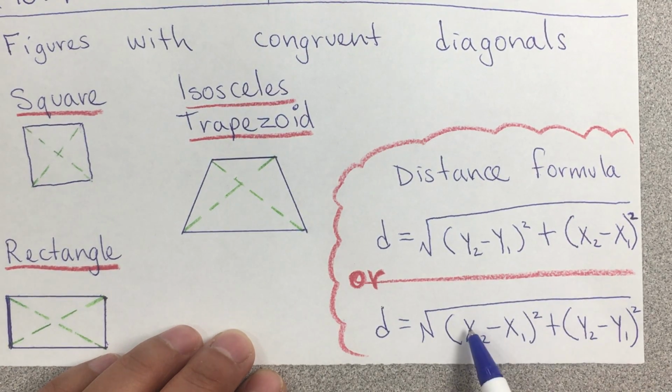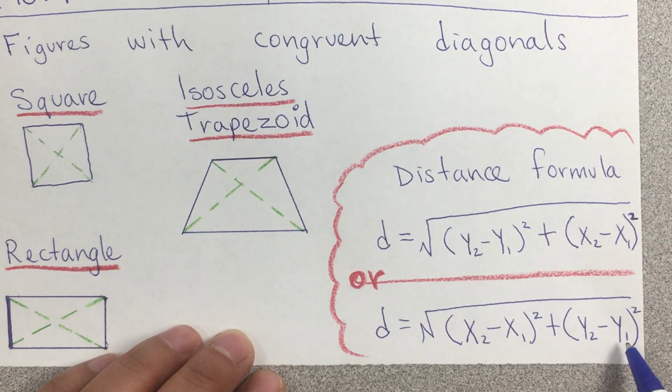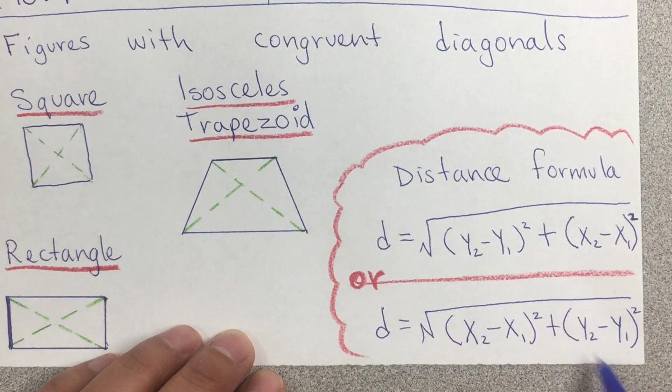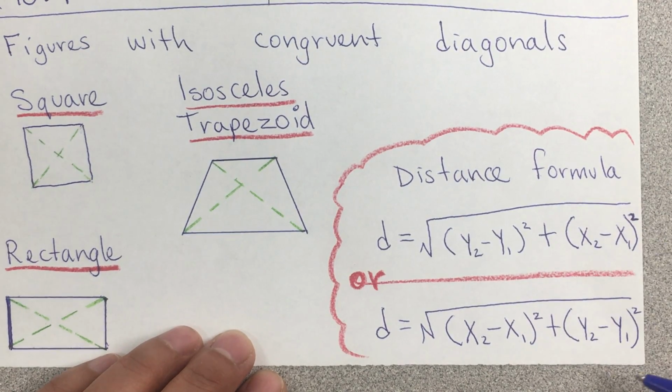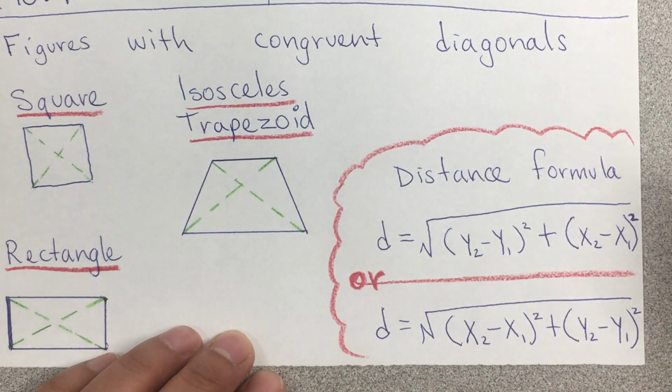In this format, which is exactly the same, all they're doing is switching the x and the y differences. In here you have x first, and then in here you have y second, okay? So same thing, whichever you feel more comfortable with. I'm going to be using the first one, just because it relates a little bit to the order of the slope.